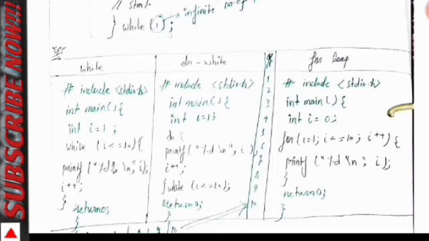Due to this reason, the do while loop runs exactly 1 time if the condition is true, else false. So it also writes the same output, 1 2 3 4 5 and so on up to 10 times.